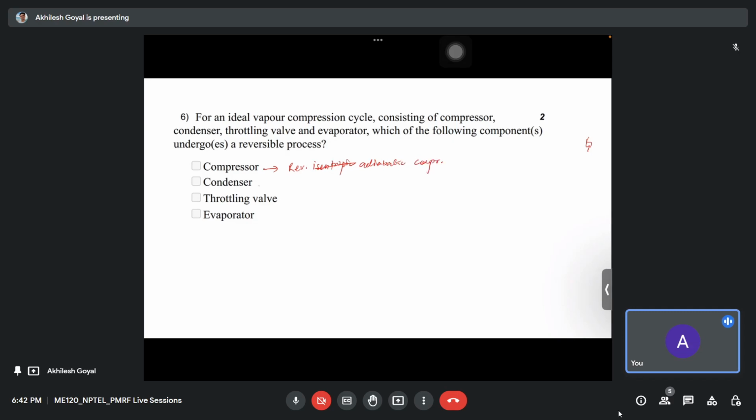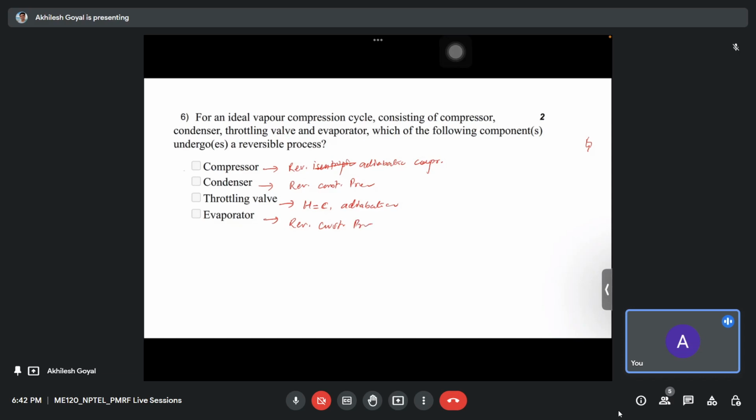The condenser also works on reversible, constant pressure. The throttling valve works on constant enthalpy or adiabatic expansion, and evaporator works on reversible, constant pressure.